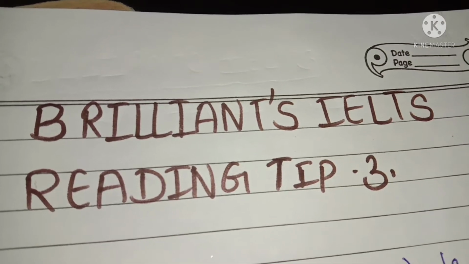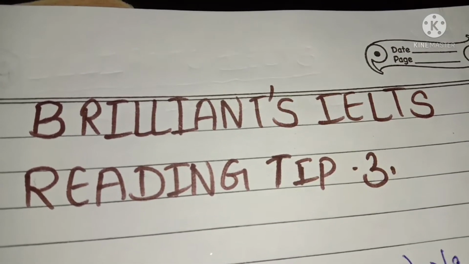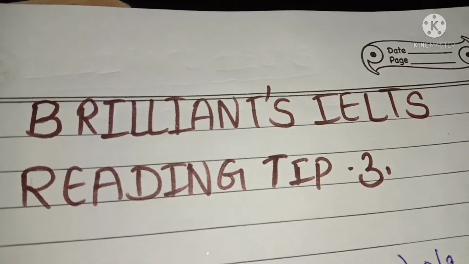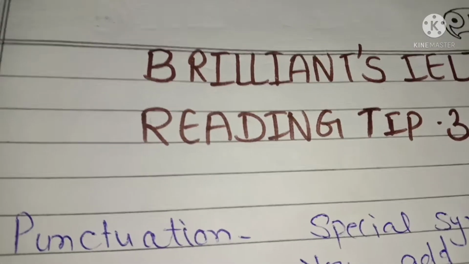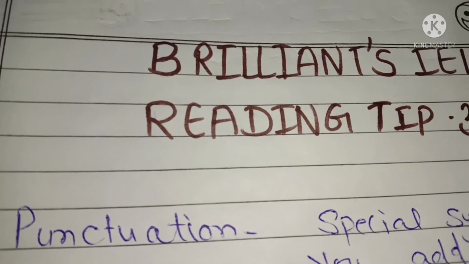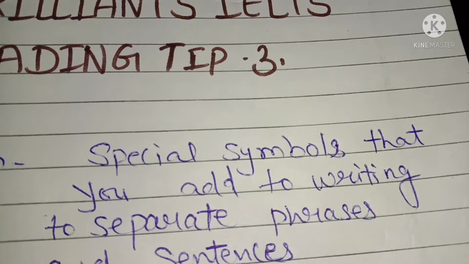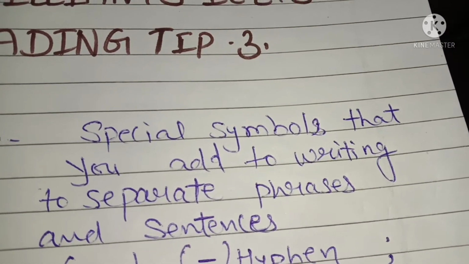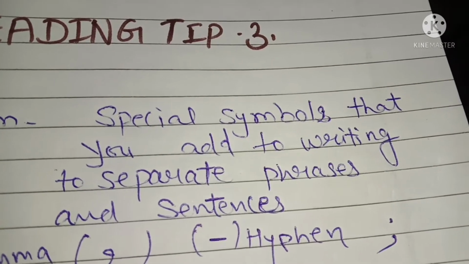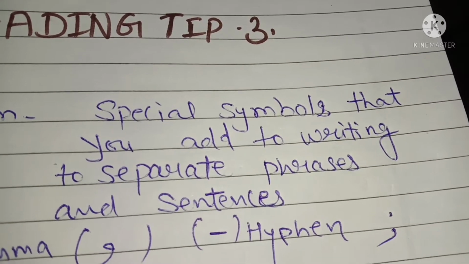We will solve reading with the help of punctuation. Yes guys, this tip will not be given by anyone, and I'm going to share it with you: punctuation. First of all, we have to understand what punctuation means. Punctuation means special symbols that you add to writing to separate phrases and sentences. What type of symbols?